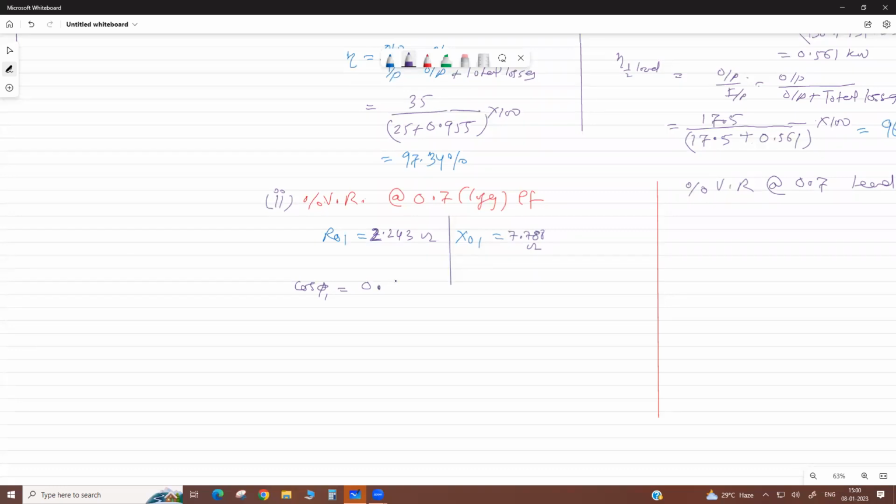Suppose here first we consider a lagging power factor.